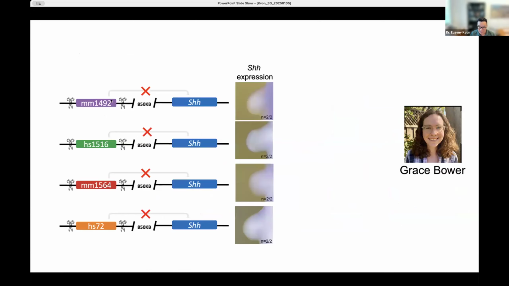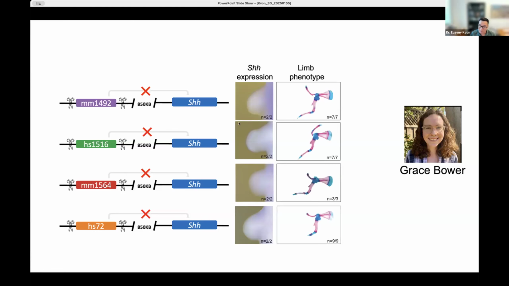Surprisingly, none of these enhancer swaps could trigger any Sonic Hedgehog expression from that remote location. And consistent with the lack of Sonic Hedgehog expression, all these mice had truncated limb phenotypes indistinguishable from complete loss of function of the ZRS in the limb.